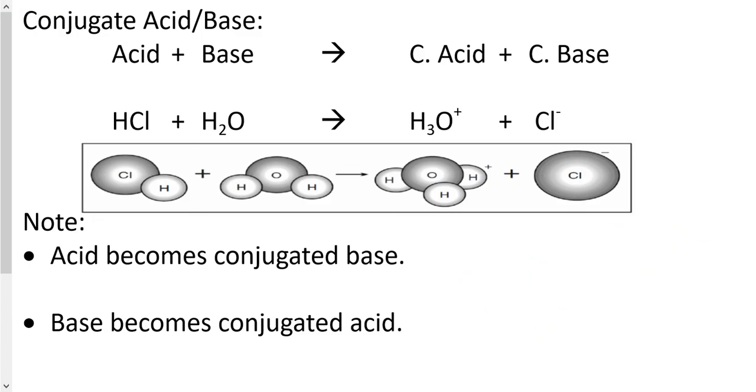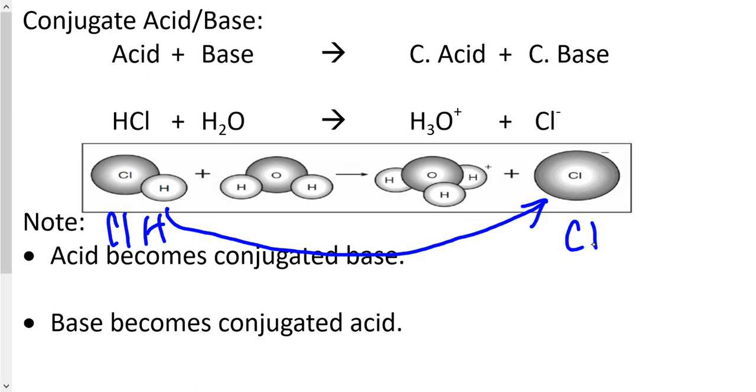If you look at the diagram, on our left side we have one hydrogen and one chlorine. And on our right side, the only thing I see is chlorine. So what am I missing? I'm missing hydrogen, H. So what happened to HCl?